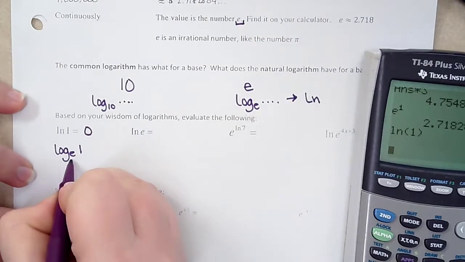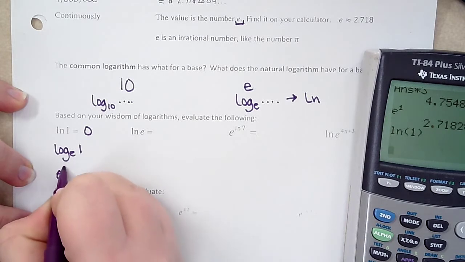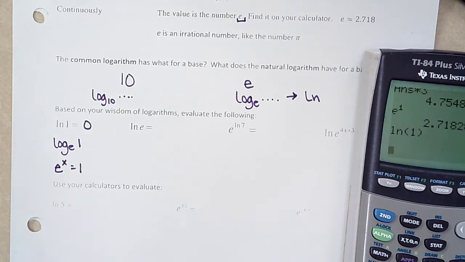And why is that? Well, if we go from logarithmic to exponential, e raised to the x equals 1 is one of those forms that we're really comfortable with at this point, because the only way to get a 1 from any number is to raise that number to the 0.